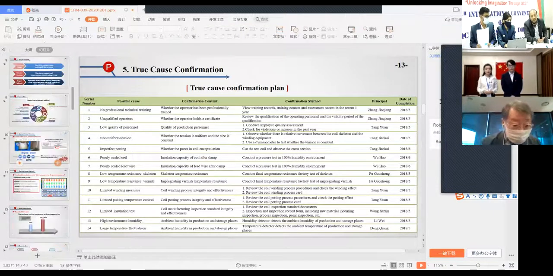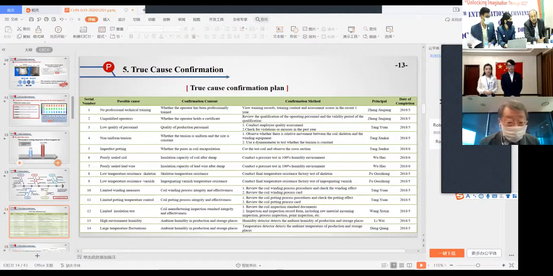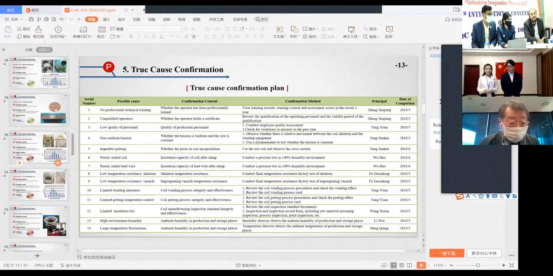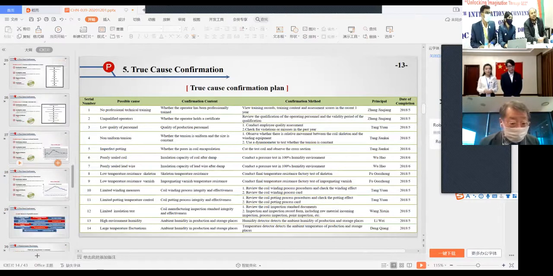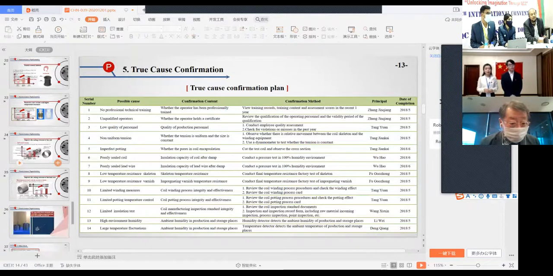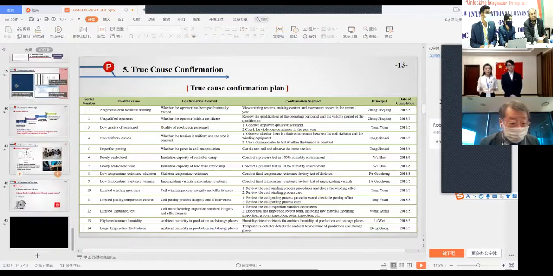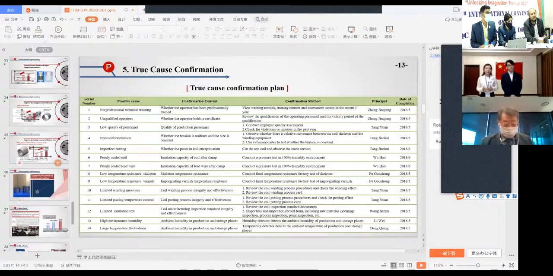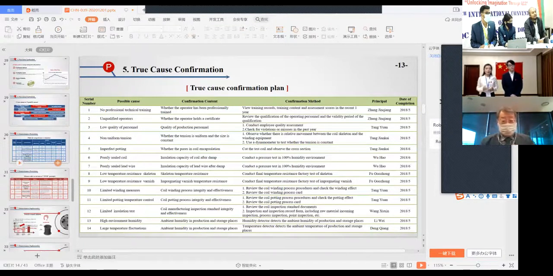We have a Gantt chart. After the subject was selected, we formulated a detailed plan, which was planned to be completed in 1 year.